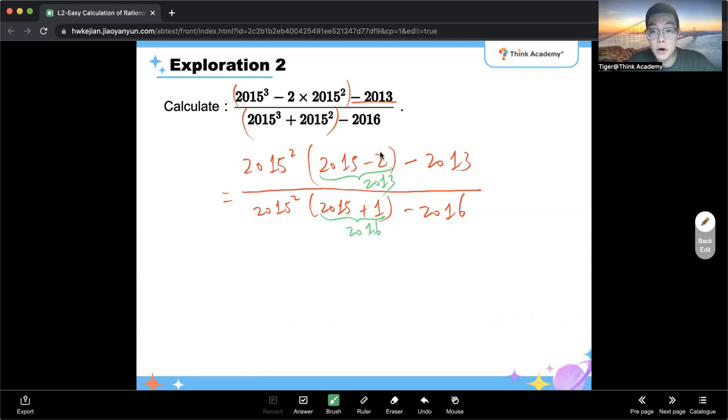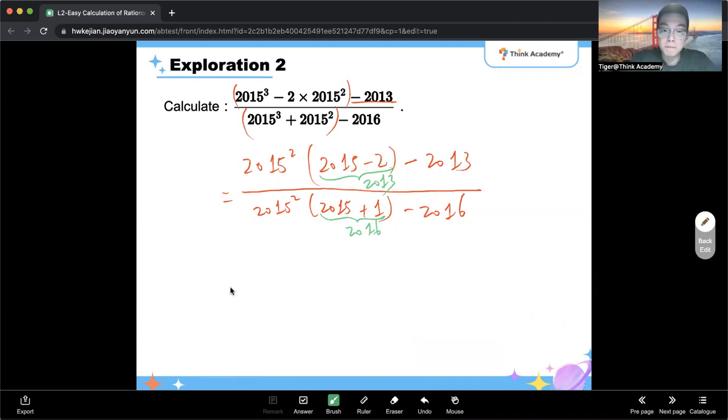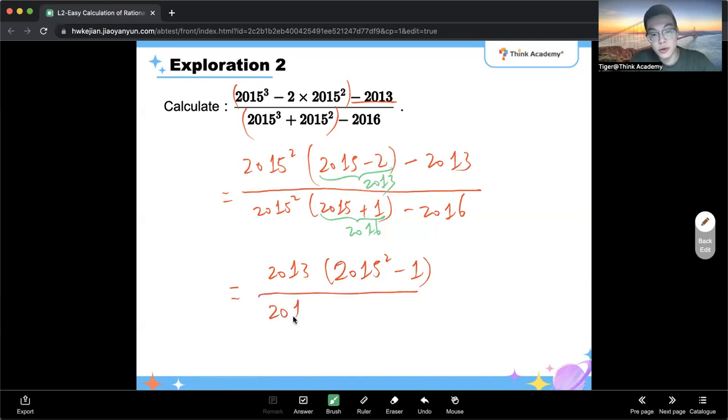Which means in both the numerator and the denominator, now we have a new common multiplier, which is 2013 in the new numerator. It is multiplied to 2015 squared, take away 1. For the denominator, the common multiplier is 2016, which is multiplied to 2015 squared, take away 1 as well.